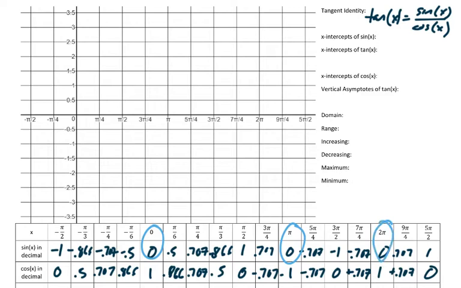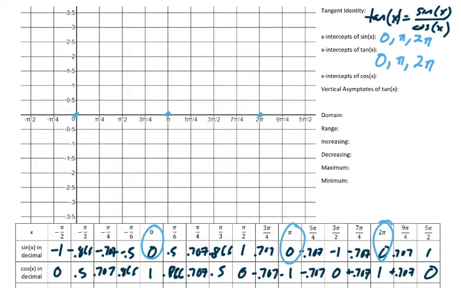So the x-intercepts of sine are going to be 0, pi, and 2 pi, which means, because sine is in the numerator, that the x-intercepts of tangent are going to be 0, pi, and 2 pi. So let's plot those x-intercepts. Here's one, and here's one, and here's one.